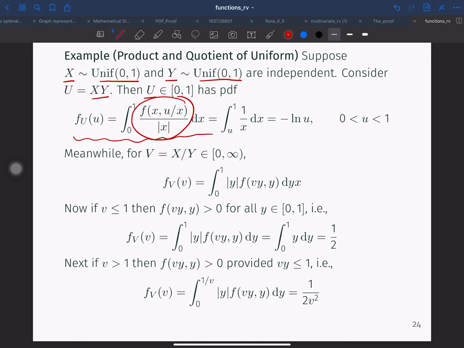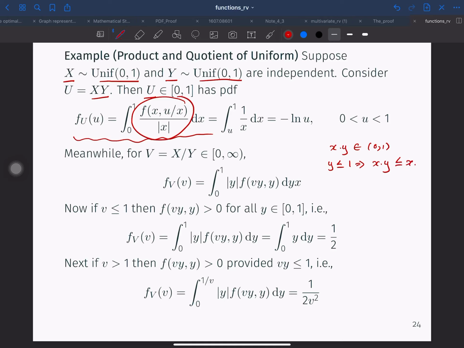Okay, so now we have to be careful once more about the limit of integration. We know that x times y will be in 0, 1. That's obviously true. But because y is less than or equal to 1, that implies that x times y is less than or equal to x.